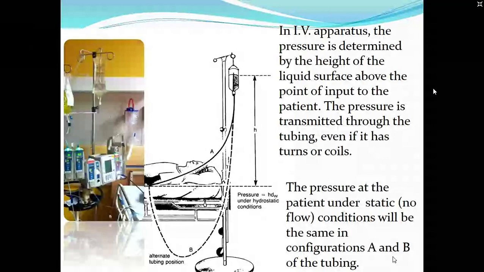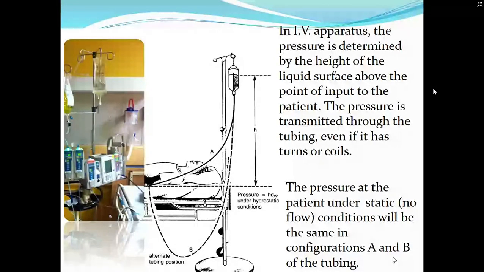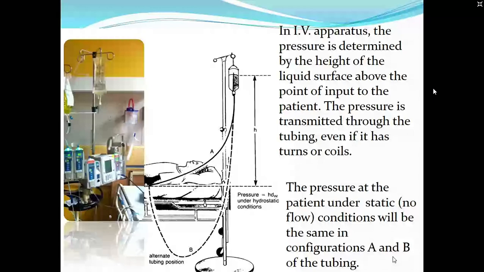Application of the hydrostatic pressure in the IV apparatus, which is used for intravenous infusion. What is given in the picture? The height determines the pressure exerted at the point of input, and that hydrostatic pressure does not depend, under static conditions of course, on the configurations.